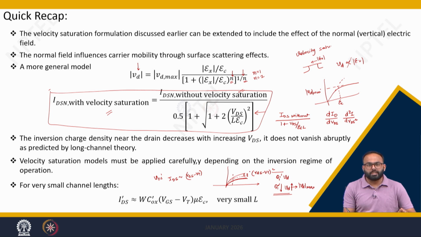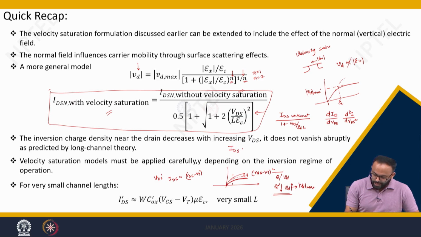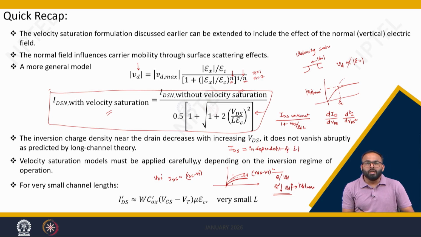We have also discussed a strange result which says that when you incorporate the velocity saturation, then IDS is independent of channel length. We explained this phenomenon in terms of transit time.